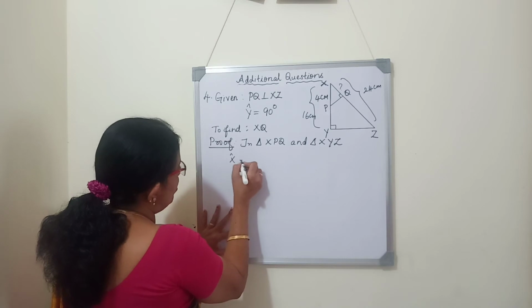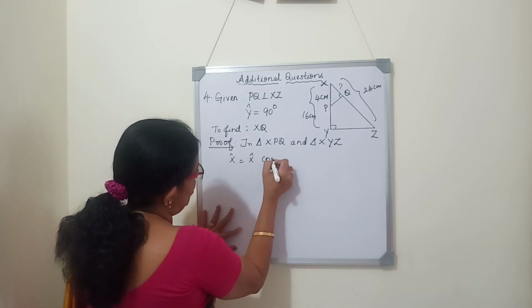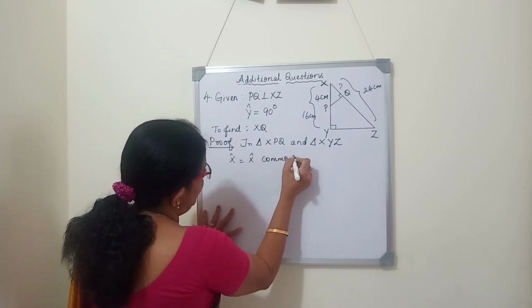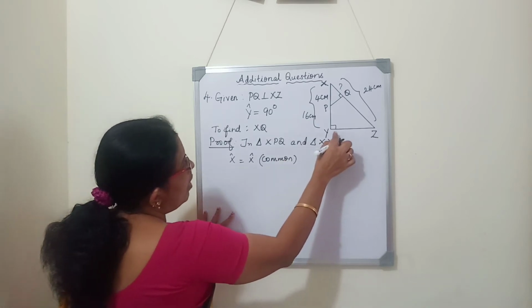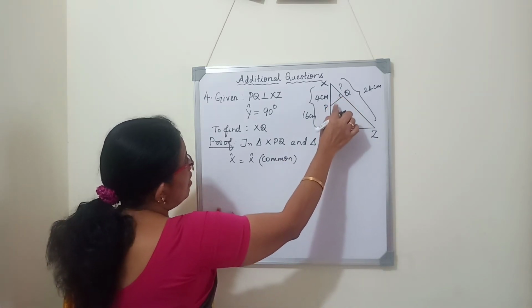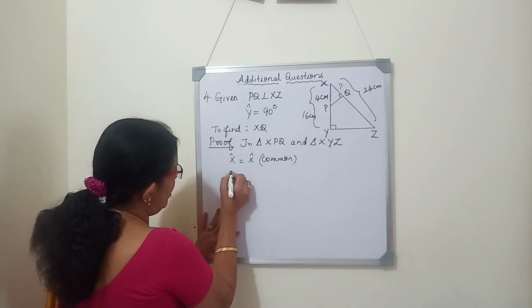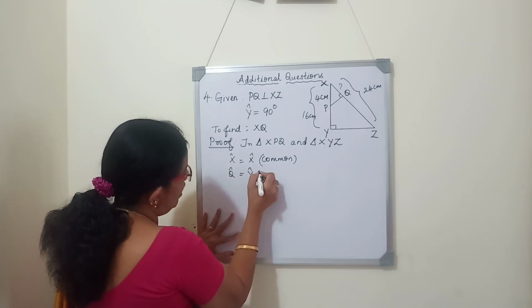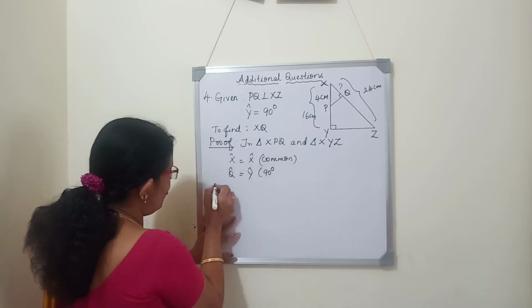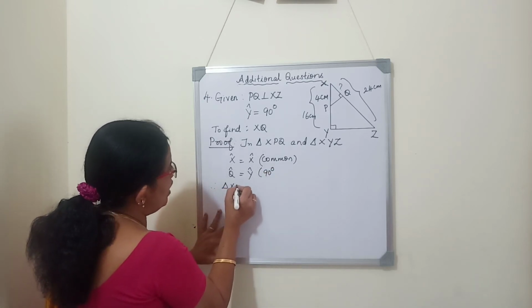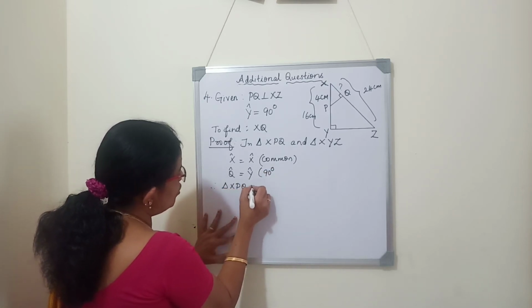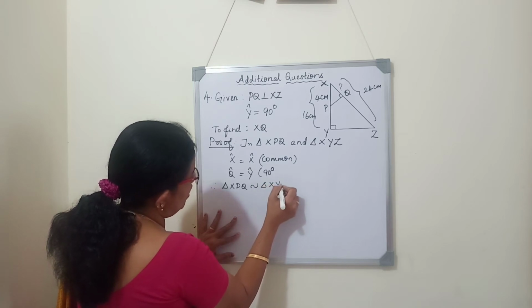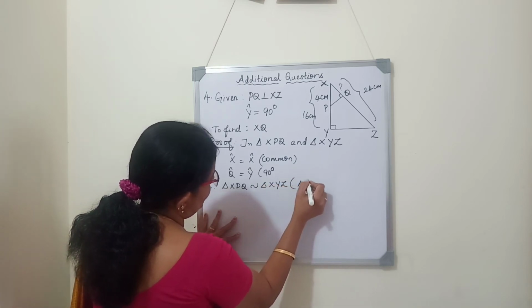Angle X is equal to angle X, common angle. Next we will write angle Q is 90 degrees and angle Y is 90 degrees. Therefore, triangle XPQ is similar to triangle XYZ by AA criteria.